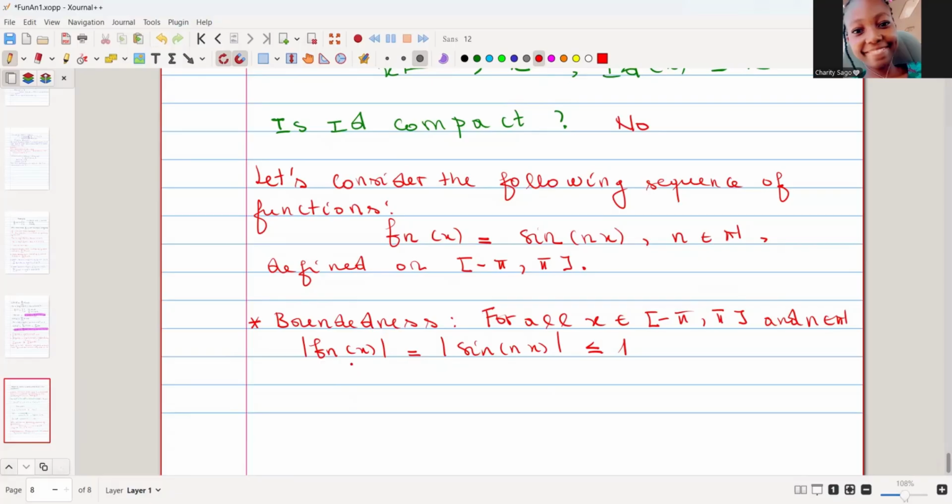So this implies that the norm of f_n is at most 1. And if the norm of f_n is finite, then f_n is bounded. So the first thing is satisfied.